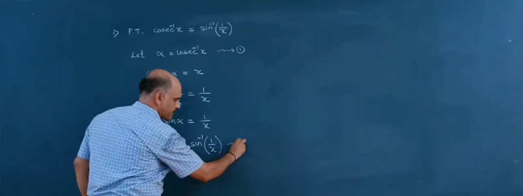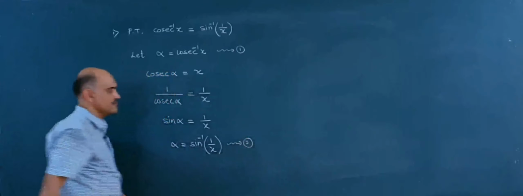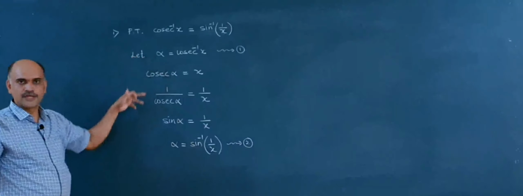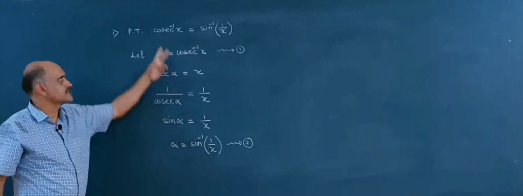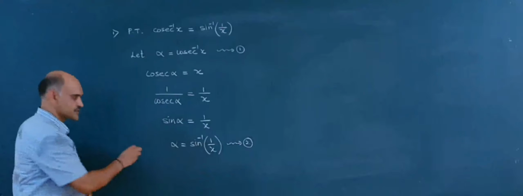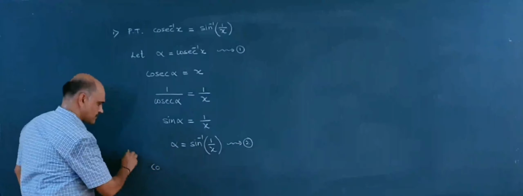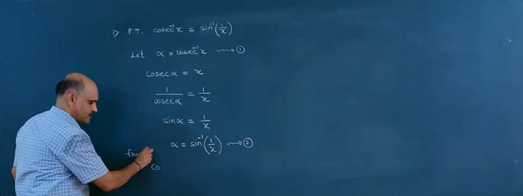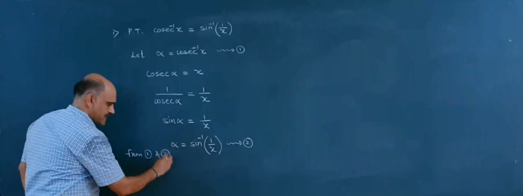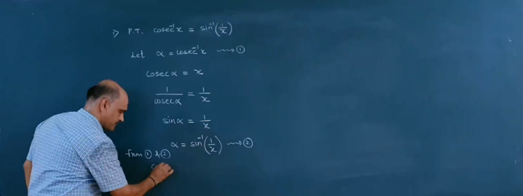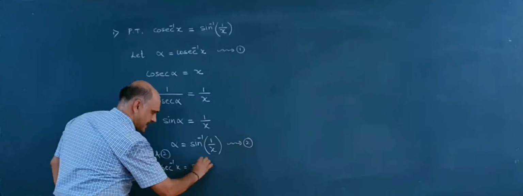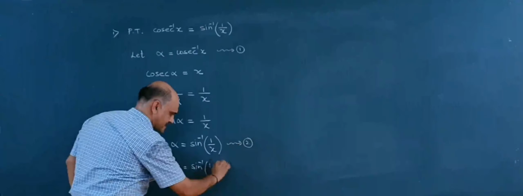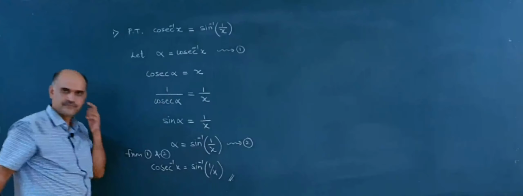This is 2. So again you equate 1 and 2. LHS is the same, so you will get the RHS, that is this formula. So from 1 and 2, cosec inverse x is equal to sin inverse 1 by x. This is our first formula.